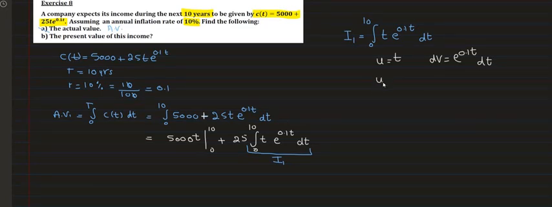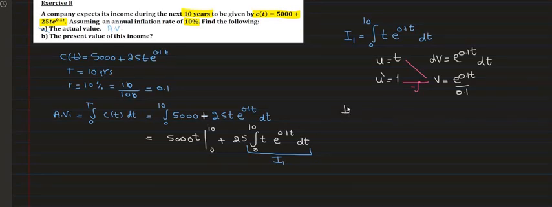And then we differentiate the u to have 1, and we integrate the v to have the same function because it's exponential divided by 0.1. And then we apply the by parts technique, where we multiply u times v minus the integral of v du.